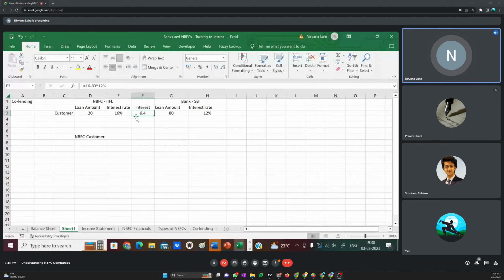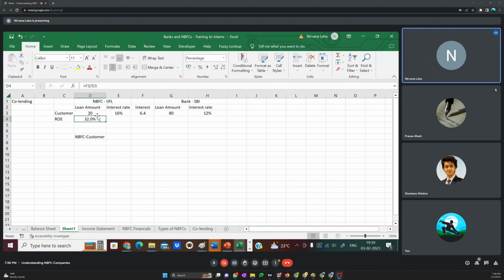So how much will the NBFC earn? 6.4, right? So if you calculate the ROE for this NBFC, it is able to earn 6.4 rupees by only keeping 20 rupees on its balance sheet. An ROE of 32%.